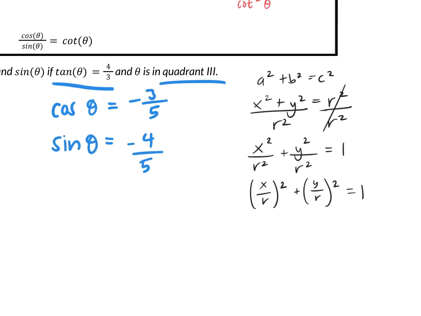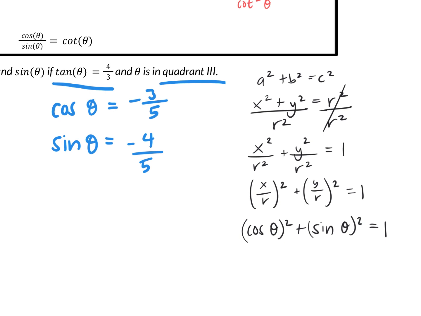Yes? And then lastly, there was one on the previous, maybe 2 pages before, x over r and y over r stand for something. A trig function. What trig function is x over r? Cosine. So I could rewrite this as cosine of theta squared plus sine of theta squared, and that equals 1.